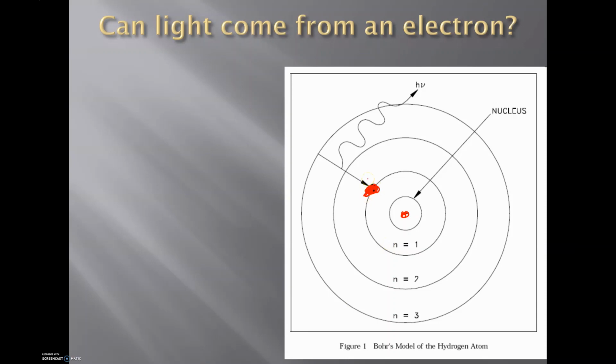Now, what will happen here is that if we input some energy, that electron gets excited, and it gets excited into one of the upper levels. Now, you know that if you punch someone and they're not expecting it, they're going to get irritated and they're going to get excited.